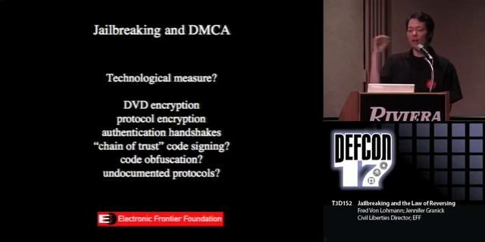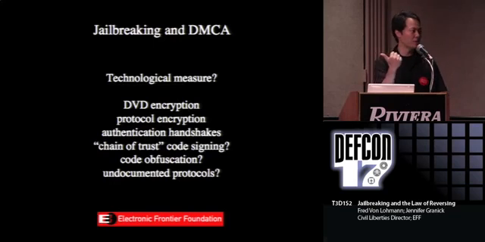Well, there are a few things we know from the law, and there's a lot of other areas that are still gray. Courts have said DVD encryption is a technical protection measure. Therefore, DVD ripping, in the eyes of most courts, would be viewed as a violation of the DMCA. Decrypting encrypted content without using the authorized key.